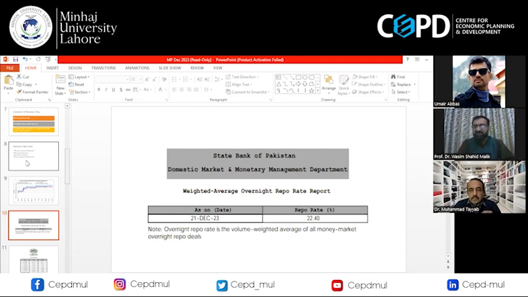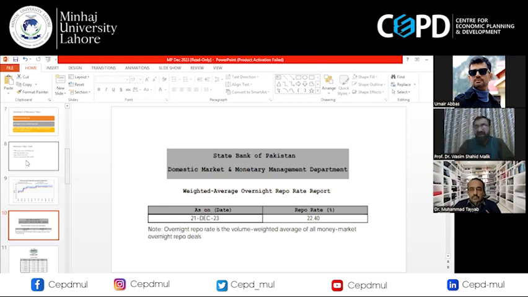So on 21st December 2023, just the day before yesterday, I think, the weighted average overnight repo rate, for which the central bank sets the operating target, that is the policy rate, of 22%. The policy rate was kept stable at 22% in the Monetary Policy Committee's meeting held on 12th December this month.